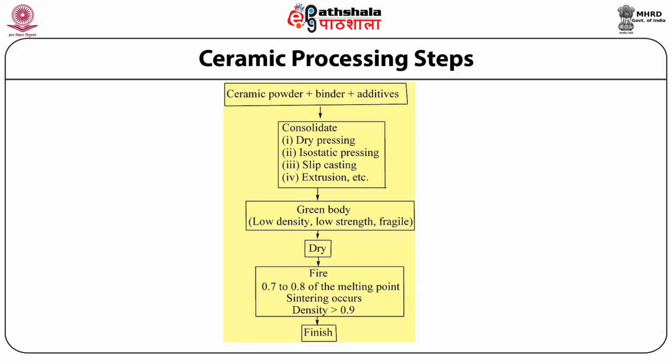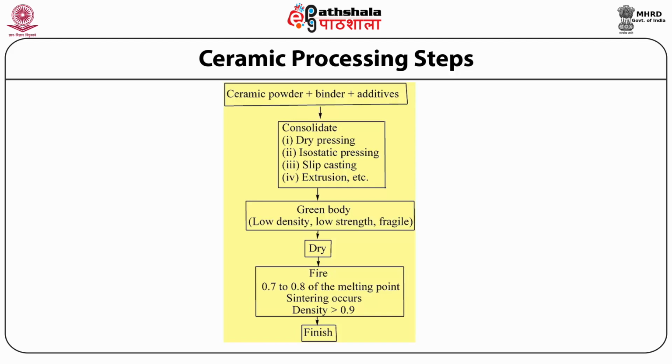During this step, a phenomenon called sintering occurs. In this process, some grain growth occurs during firing. A properly sintered body has a high relative density, which may be more than 0.95. Also, it has high strength and other desired properties.